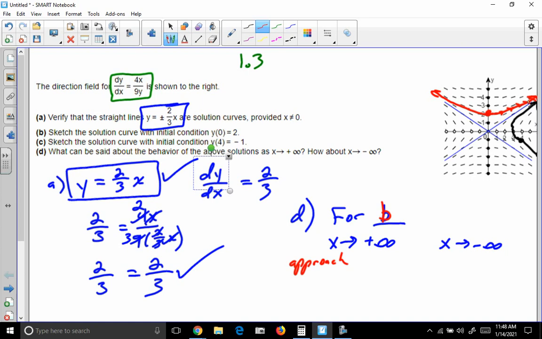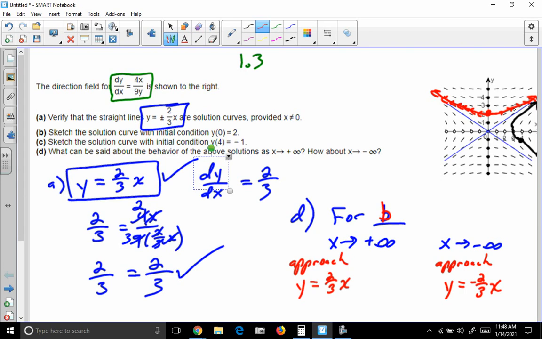This line is the positive one, so it approaches y equals 2/3 x. As x goes to negative infinity, so as we go to the left, then we're approaching that curve. We're following, that was the one, y equals negative 2/3 x.